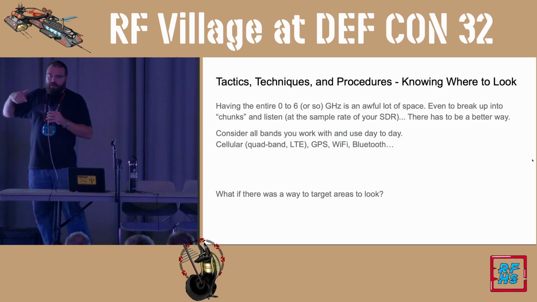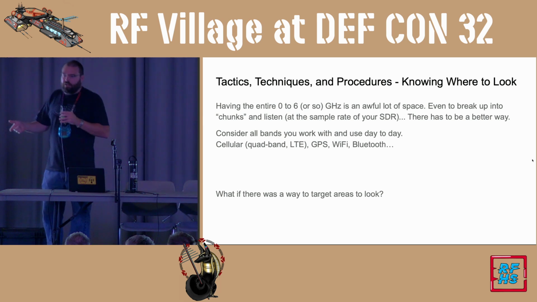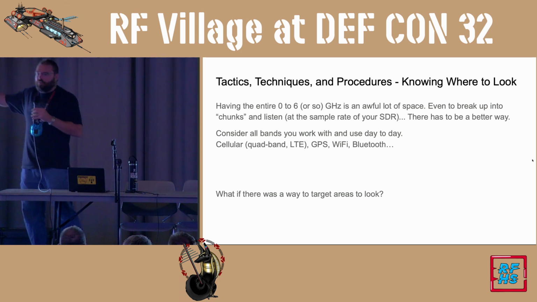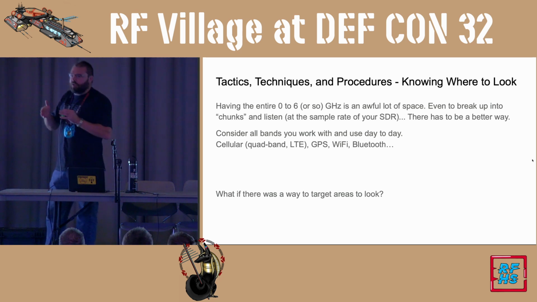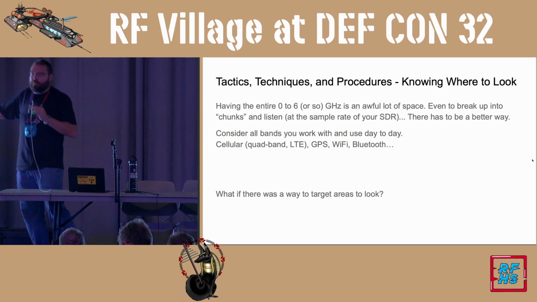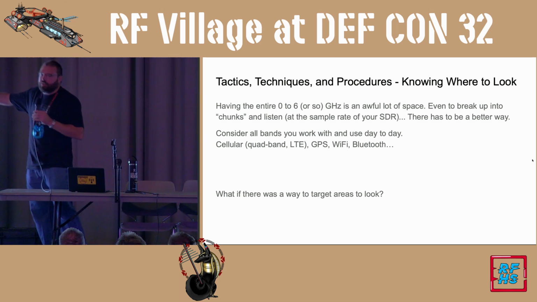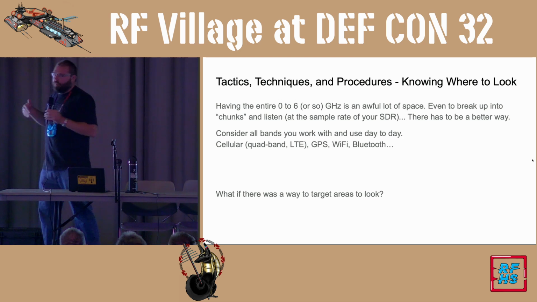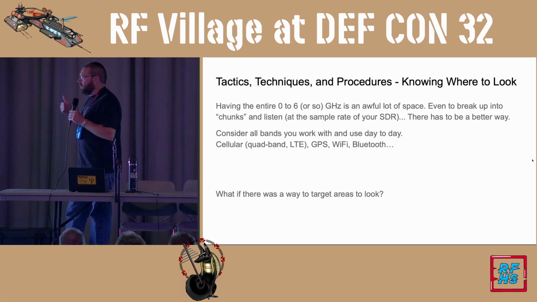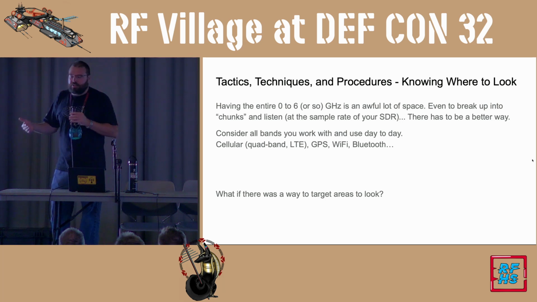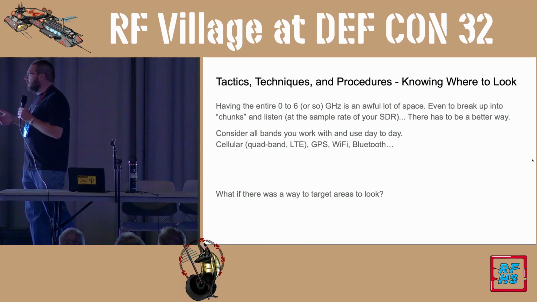Remember that sample rate: if you have an RTL SDR, you're looking at 2 megahertz every time. So you have 2 megahertz wide, or HackRF 20 megahertz wide, but now you're doing 0 to 6,000 megahertz. So this is really where the TTPs come into play: there are really good areas to look to increase your chances to find that flag.